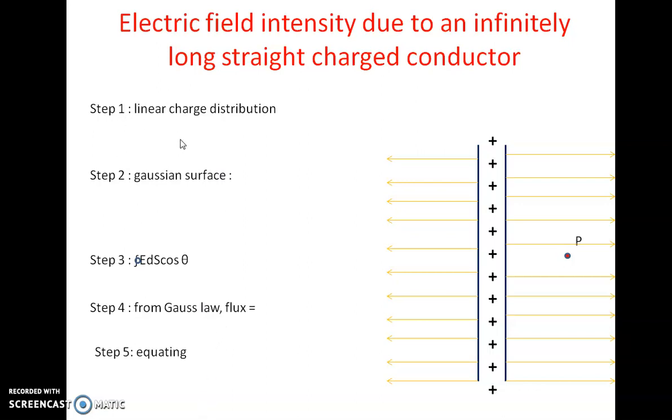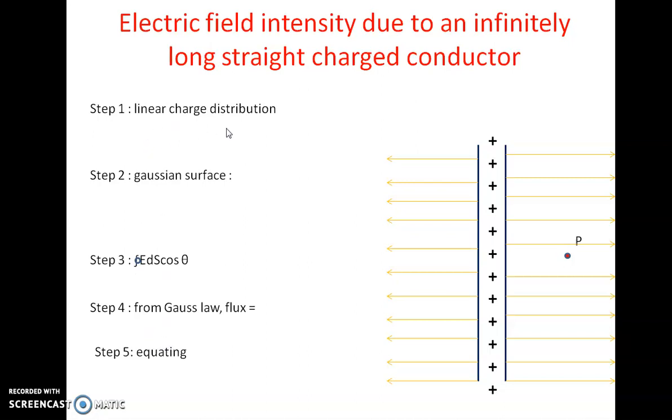Step 1 is you define the charge distribution. Step 2 is imagine a Gaussian surface. Step 3 is find the closed integral of E ds cos theta. Step 4, using Gauss law, find the value of flux. And in step 5, we equate the earlier two equations to find the value of E.